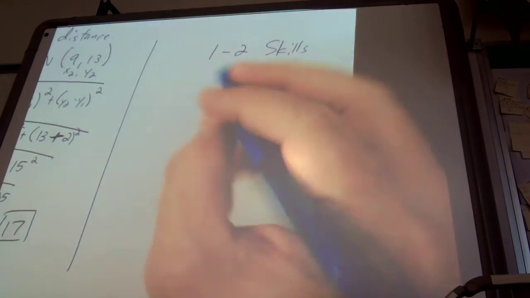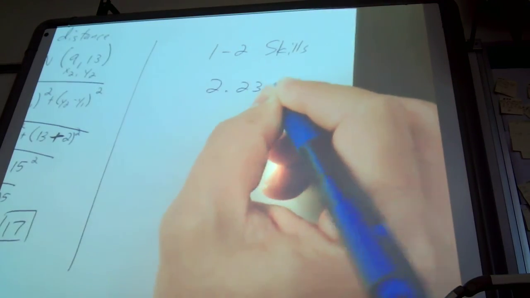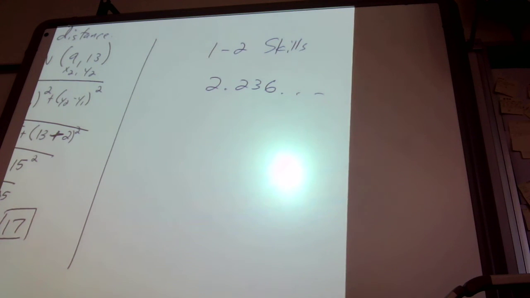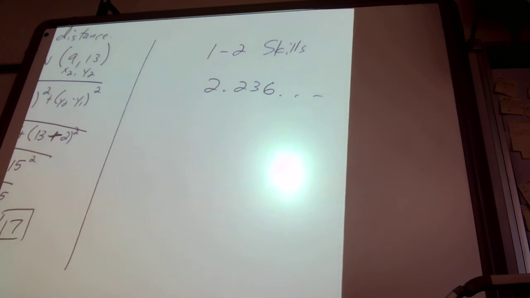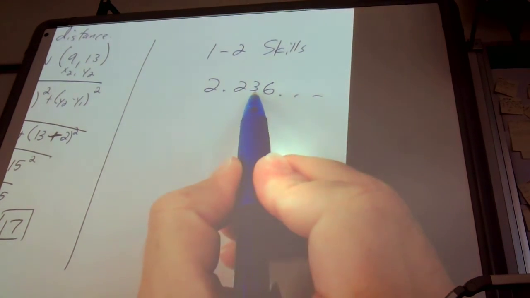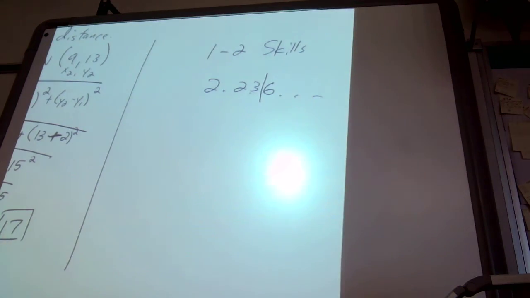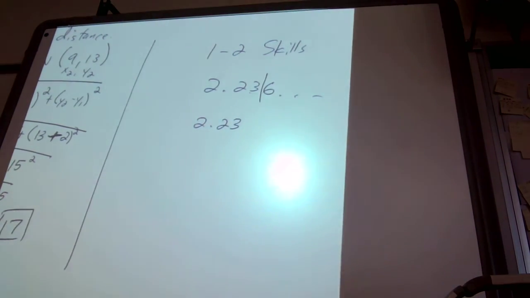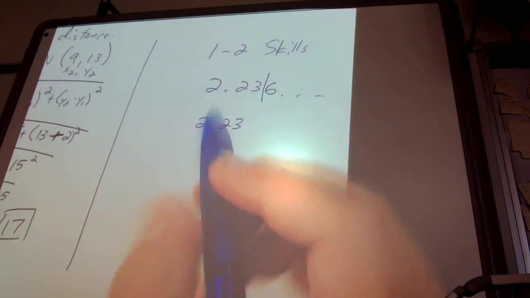We're going to talk about rounding. So one of the answers ends up being like 2.236, and it keeps going. My general rule is we're going to round to 2 decimal places because that's kind of how we do it in life. So we're going to round to 2 decimal places unless the directions say otherwise. So for us, that means we need to round right there. Yes? Well, if I just write 2.23, I didn't do a very good job of rounding because I'm looking for a specific answer.